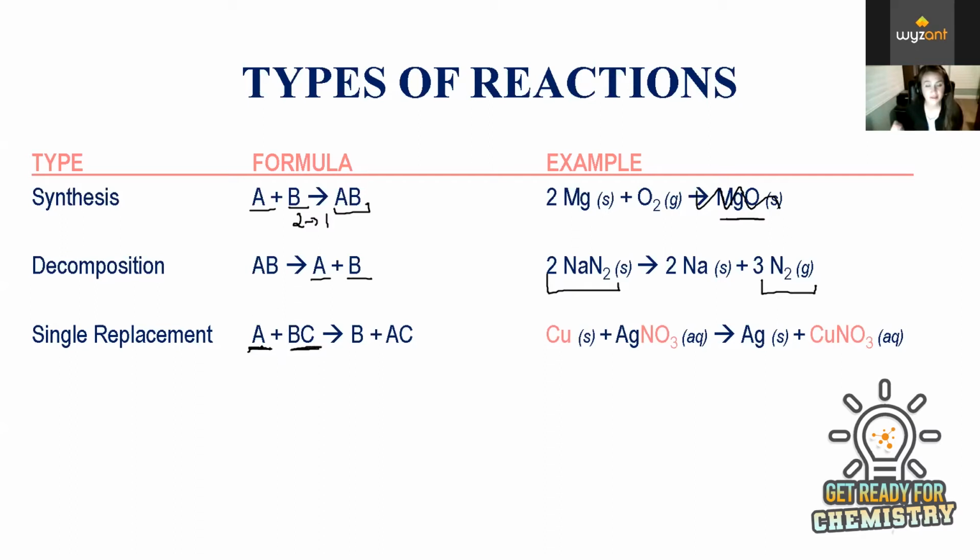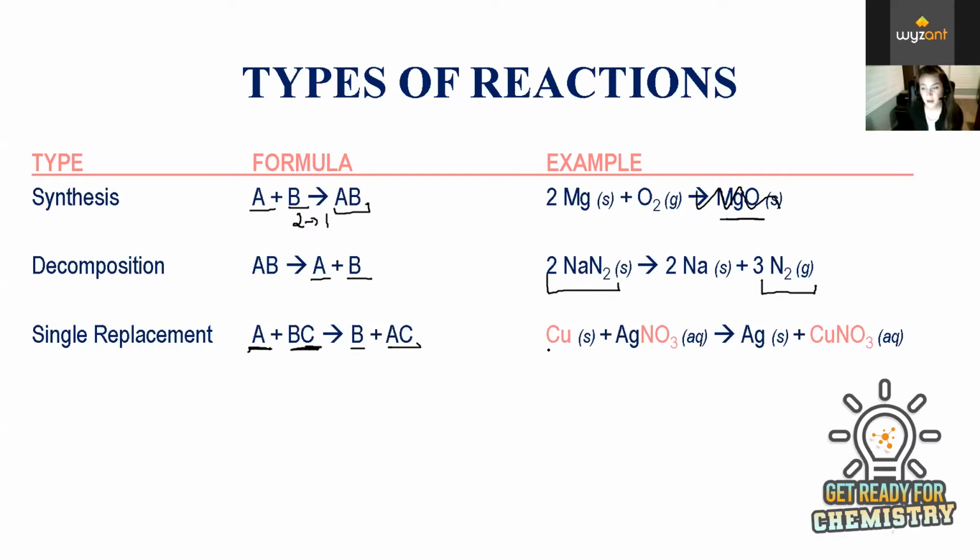Or if A is an anion, then it'll switch with the anion in the compound here. So always remember when you're writing ionic compounds in the end, they must be cation, anion. So you can't switch an anion with a cation because then you would have anion, anion or cation, cation.